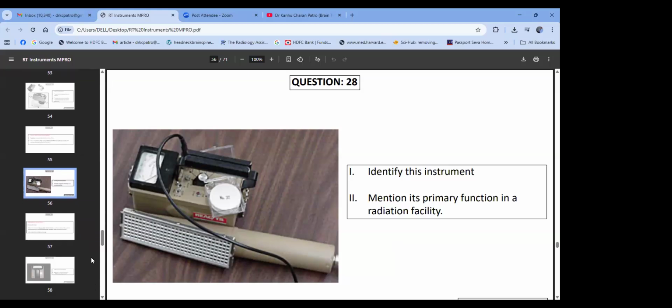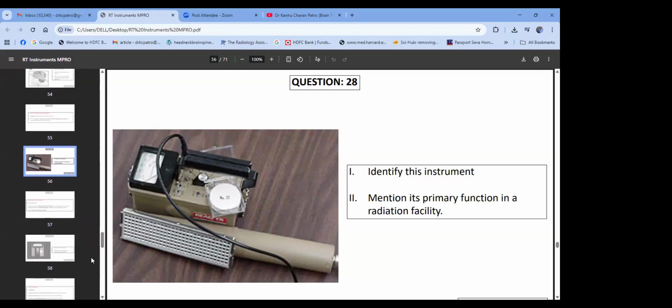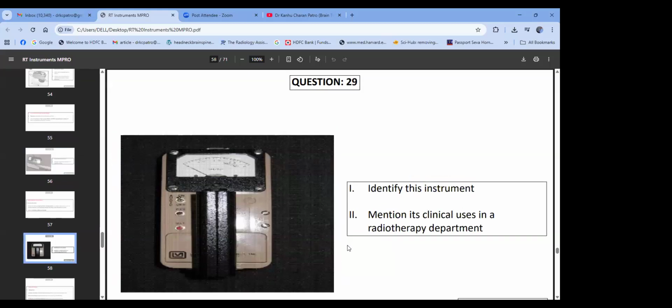Okay. So I think there is a series of physics-related questions which are not commonly seen, but we will go on. So identify this instrument and its clinical uses in a radiotherapy department. So this is a dose rate meter.